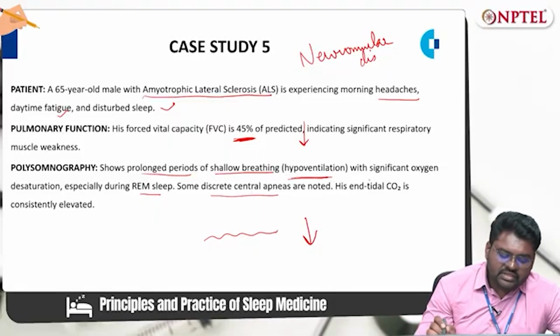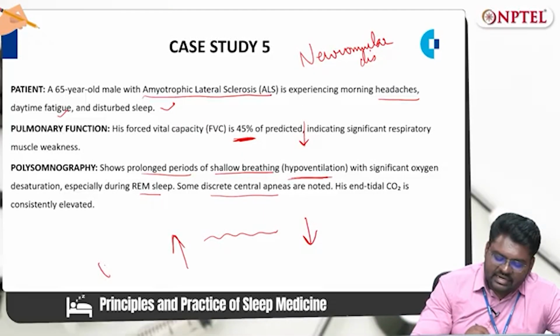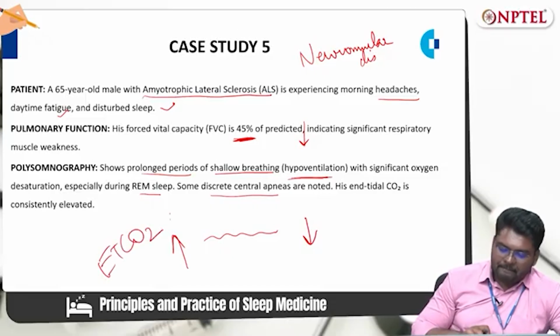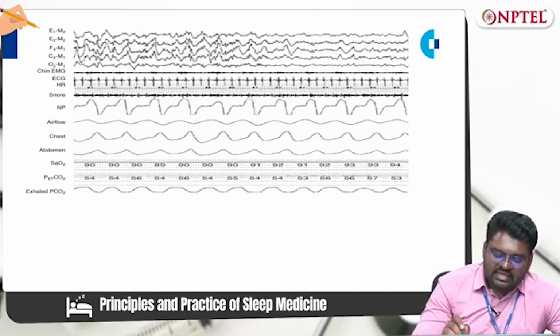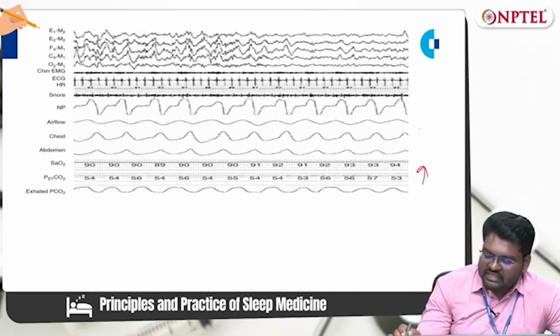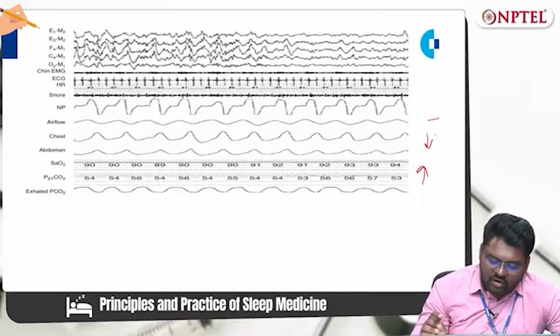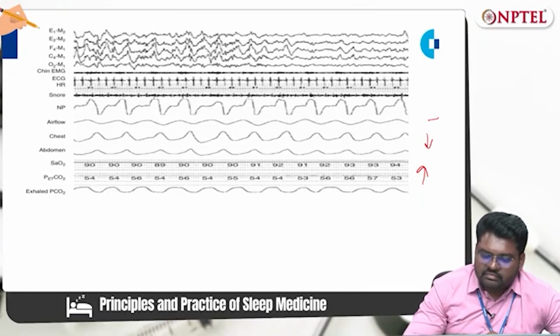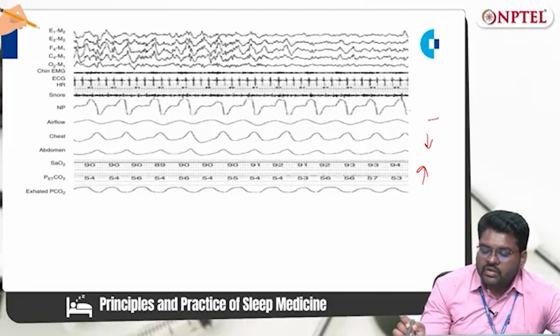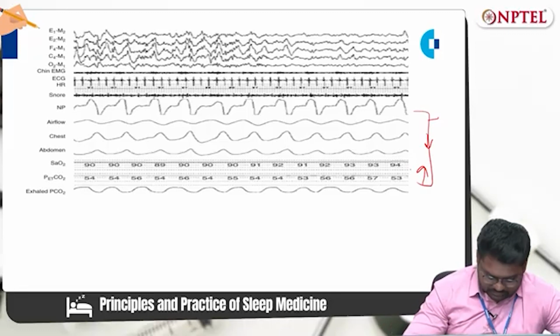His EtCO2 is consistently elevated. So here you can see the EtCO2 is elevated, with shallow breathing and decreased chest movement. So altogether the problem is with the neuromuscular disorder.